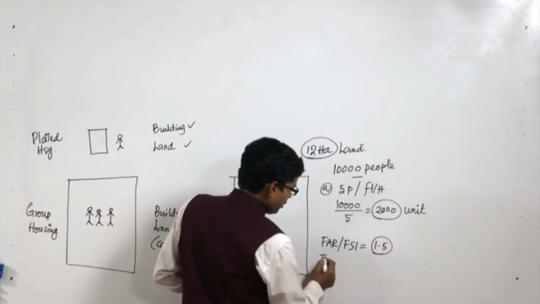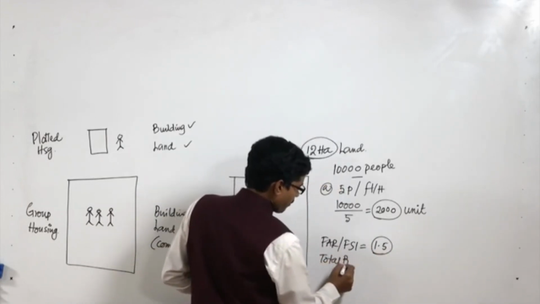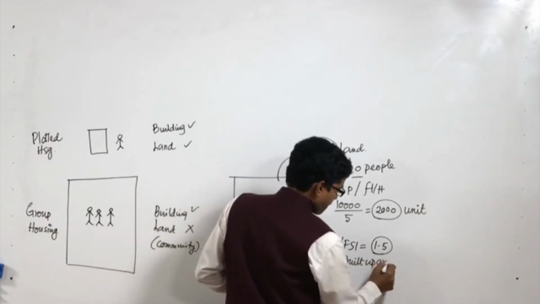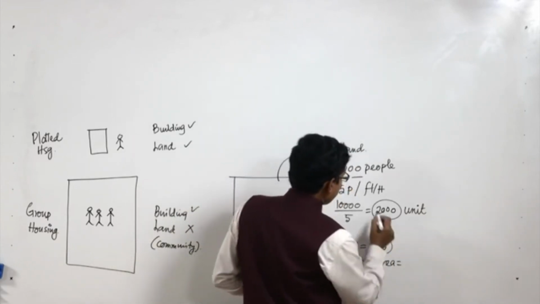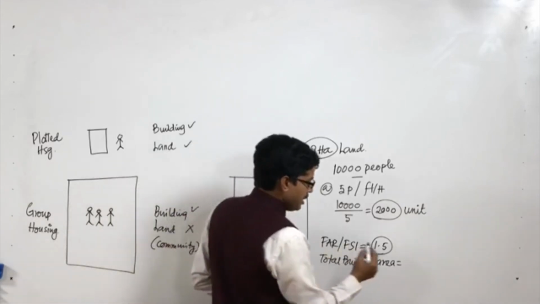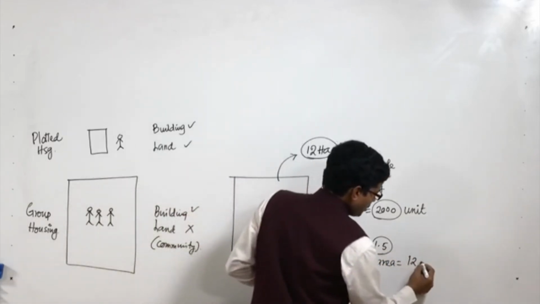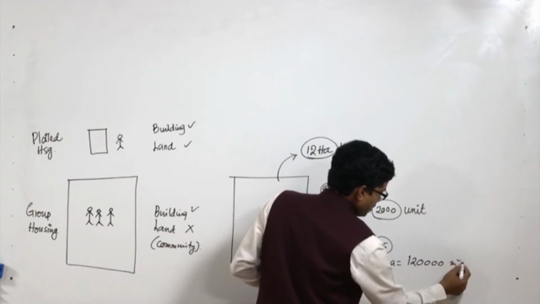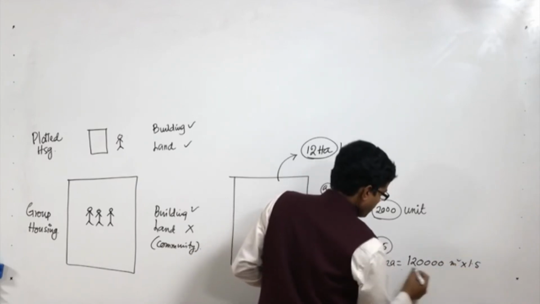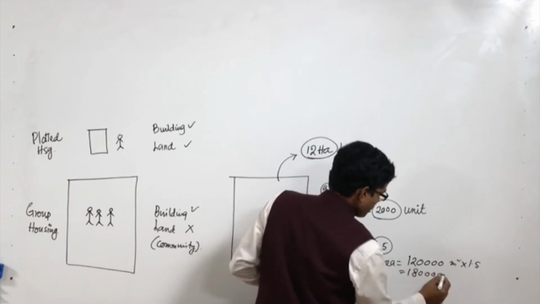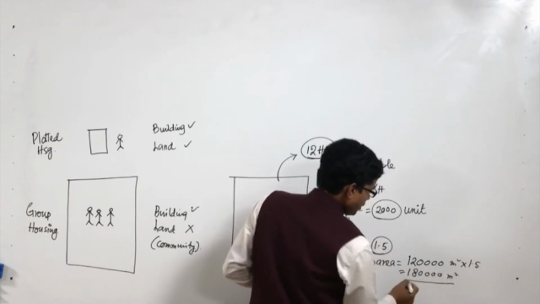Therefore, the total built up area becomes, if 12 hectare is the total area of the land, this many meter square into 1.5, it becomes this many meter square.